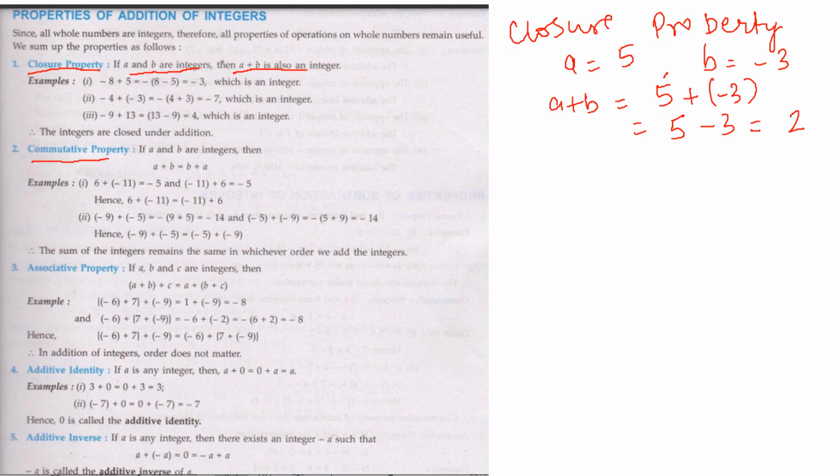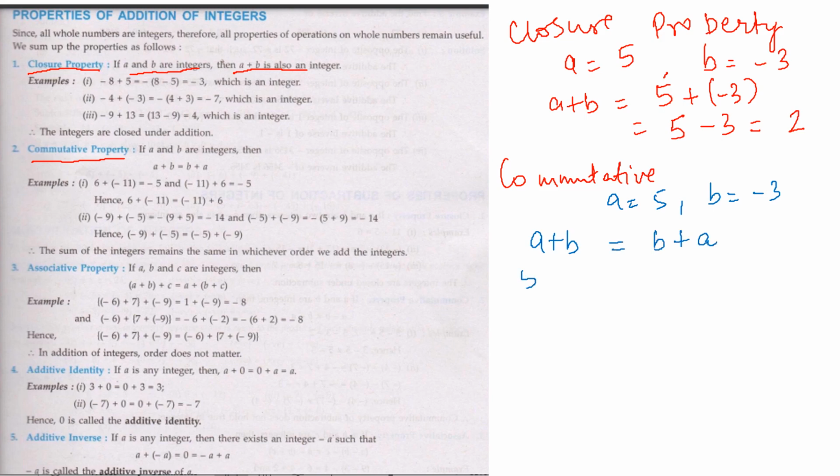The next property is the commutative property. Commutative means changing the order. For commutative, we just change the order. Let us take the same values of a and b: a equals 5 and b equals minus 3. On adding both of them, a plus b will be equal to b plus a.